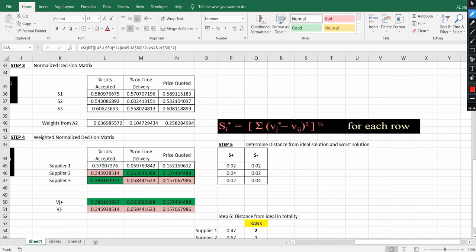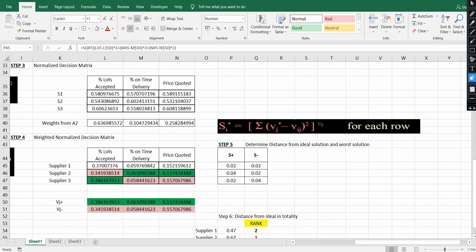It will be this value for supplier 1 minus the positive value column wise, plus this value, that is percentage on time delivery, minus this value, and then square of this, plus the third value minus this value, then square of this. After getting the summation of this, you have to take the under root of it. Okay, so you will get S1 plus, right?